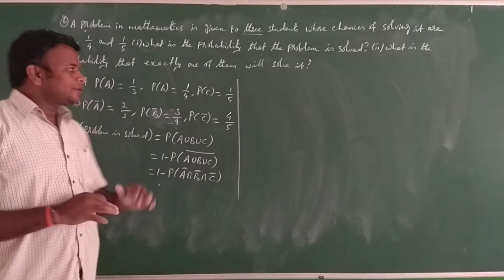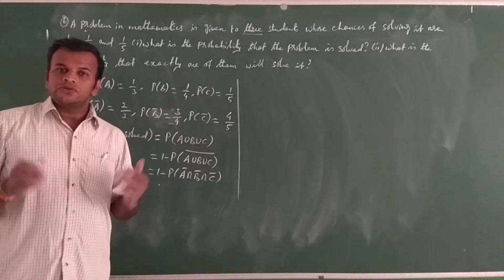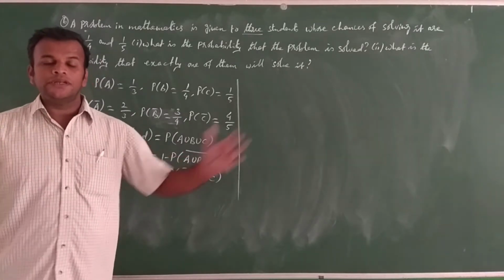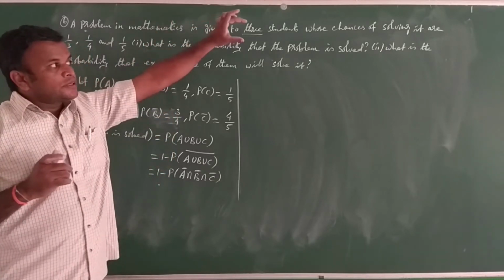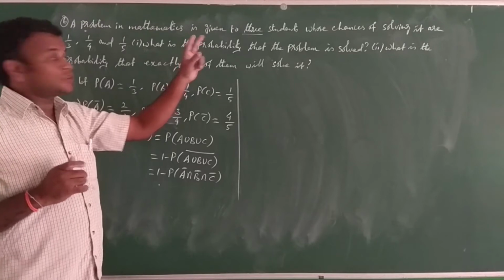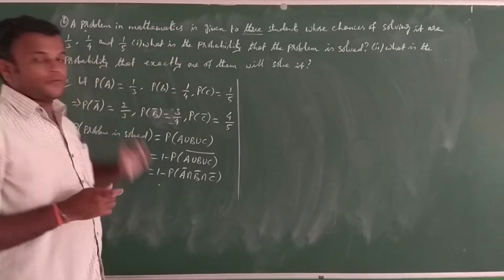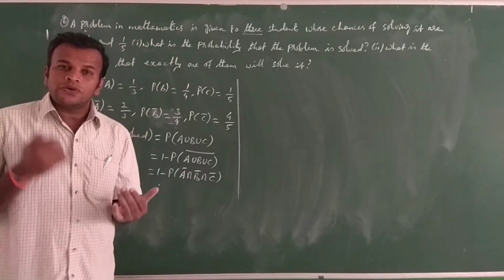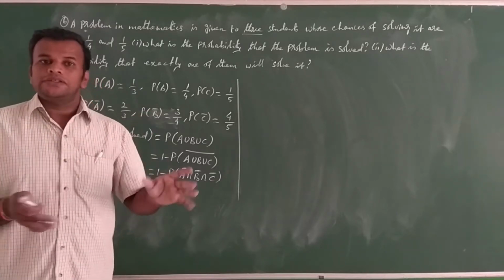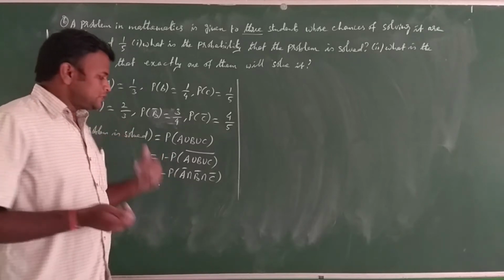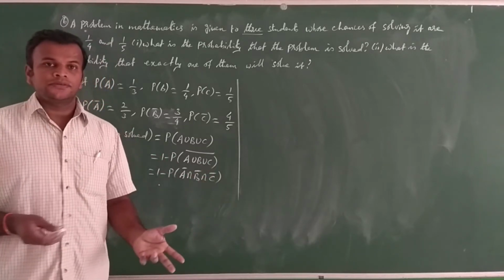Now I say all the events are independent because all the students are seated separately. The concept of the question is that the 3 students are solving with chances 1 by 3, 1 by 4, 1 by 5. Suppose the first student has an answer, the second student does not have an answer, we don't know. So I say all the events are independent.